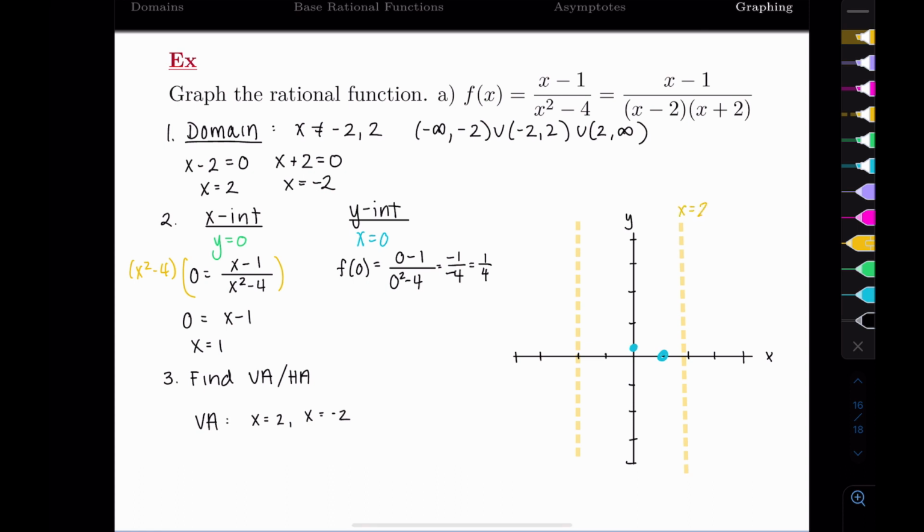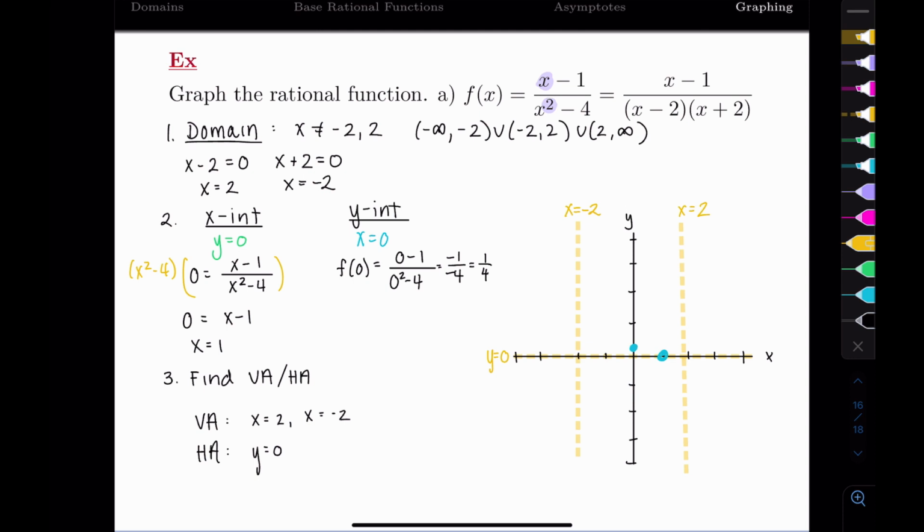So this is x equals 2 and x equals negative 2. And then for the horizontal, we compare the degrees. The degree in the top is 1, degree in the bottom is 2. So our numerator is smaller than the denominator. So that means we're going to hug the line y equals 0, which is just our x-axis. Okay.